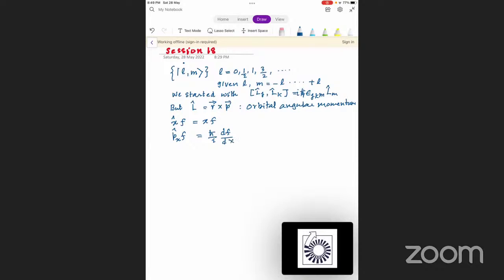So if I use these things, then I could have got some differential equation for this L square and Lz, differential operators.